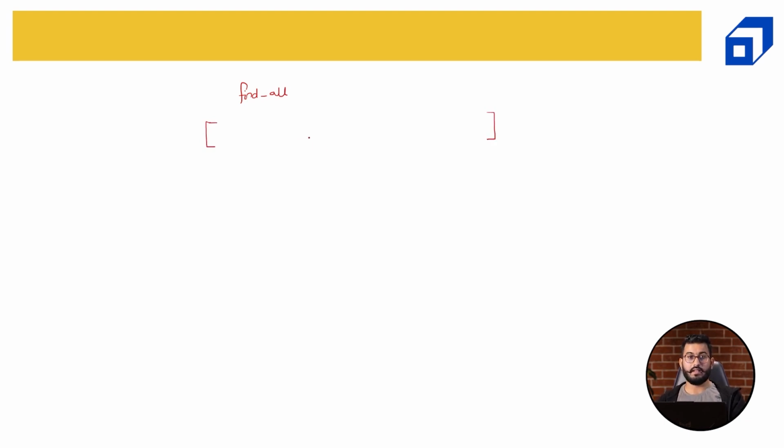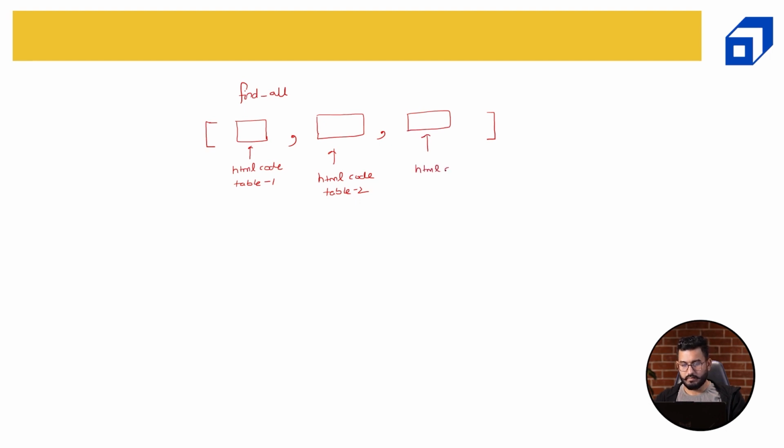Now since I'm having 3 tables, the first element in this list will be the HTML code for table number 1, comma. The second element would be the HTML code for table number 2, comma. The third would be the HTML code for table number 3. This is what find_all will return us.